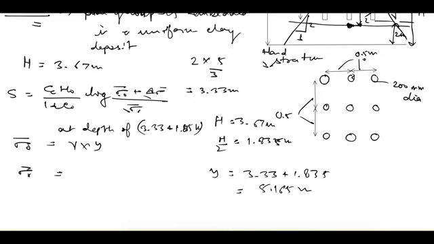So sigma naught from here would be, gamma is given as 20 into this depth of 5.165 meters, so it is equal to 103.3 kilonewton per meter square.